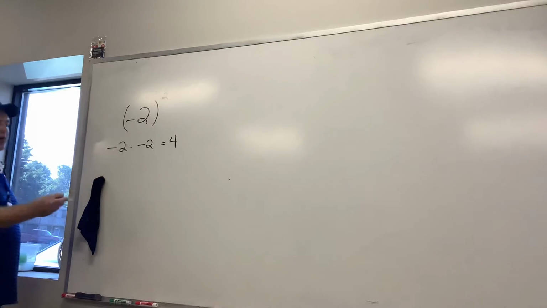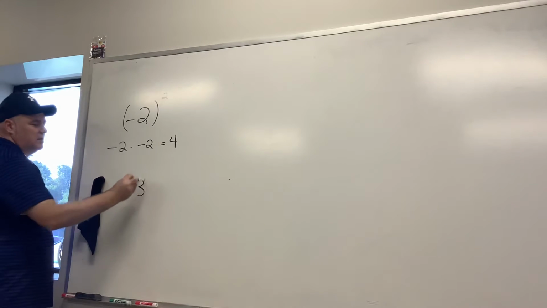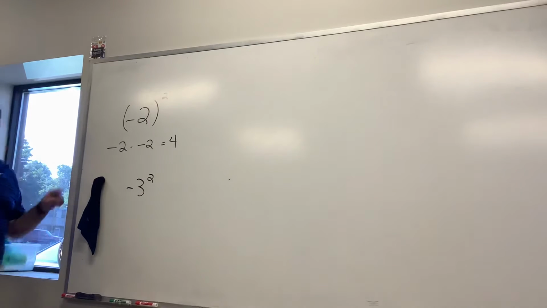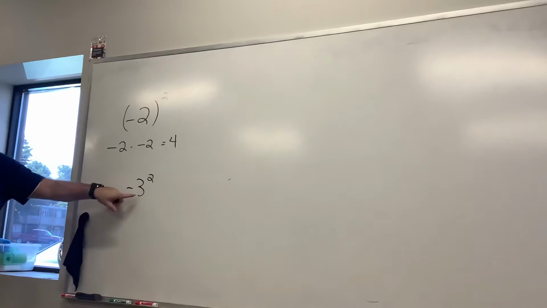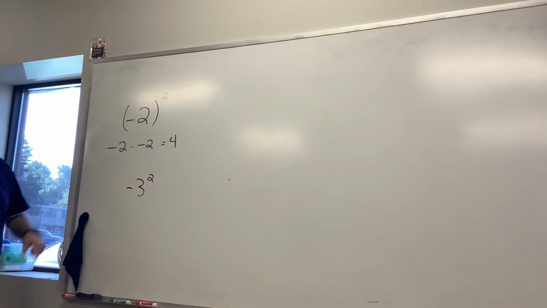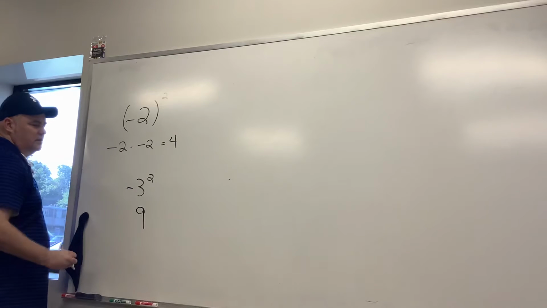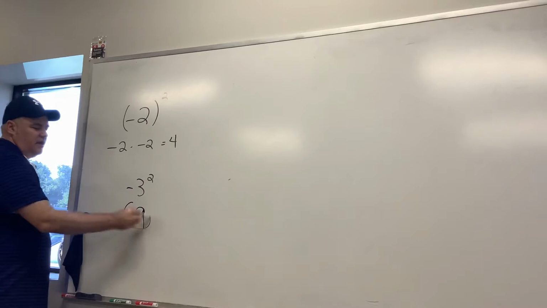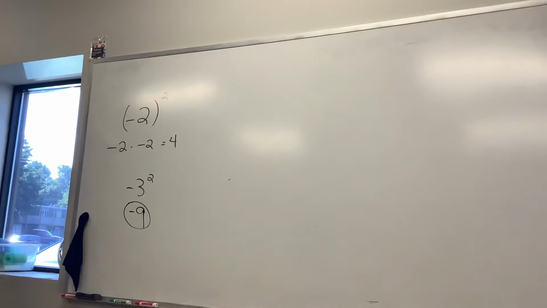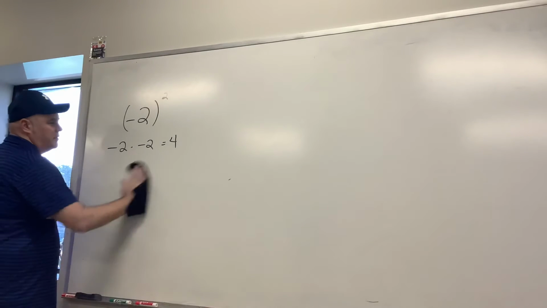Then we looked at, well, what if it doesn't have the parentheses and it's squared? Well, if it doesn't have the parentheses, all you're squaring is the 3. So that's 9. And the negative's still there. Okay? So that's as far as we got with exponents, was just the basic exponent and then what to do with negative numbers that are squared or have an exponent.